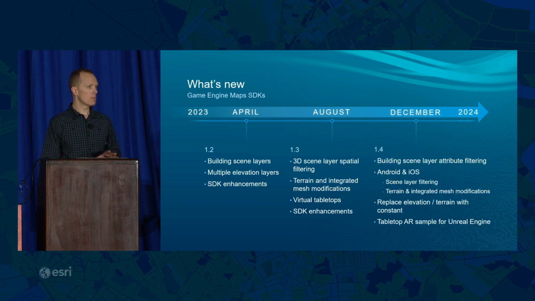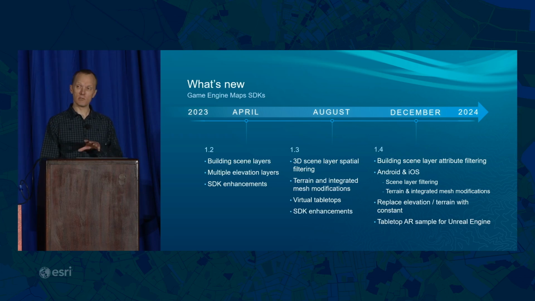And then in our most recent release in December, we really completed the support for building scene layer. So we added support for building scene layer attribute filtering. We added support on mobile, where I said in the previous release it was desktop only for the filtering and modifications. In our release in December, we added support for the filtering and modifications on mobile platforms as well, so Android and iOS.